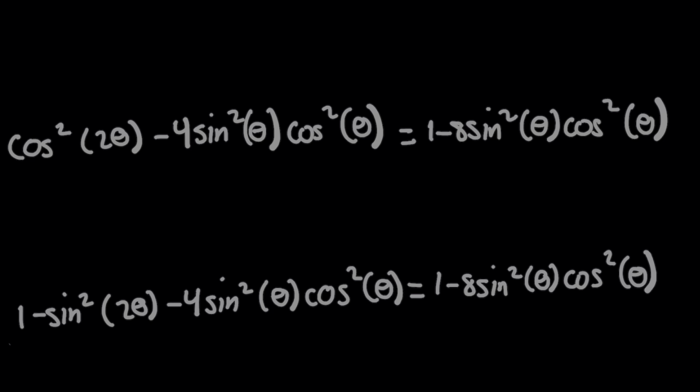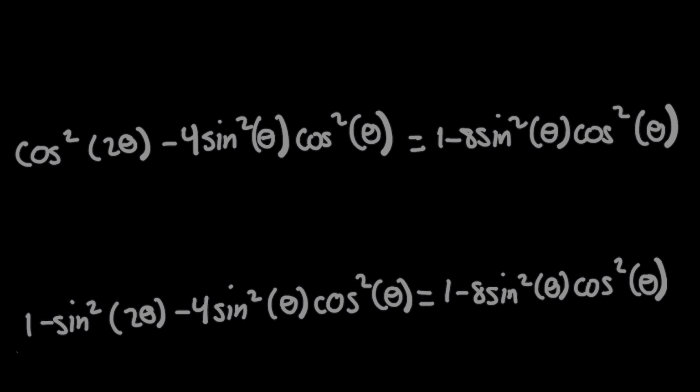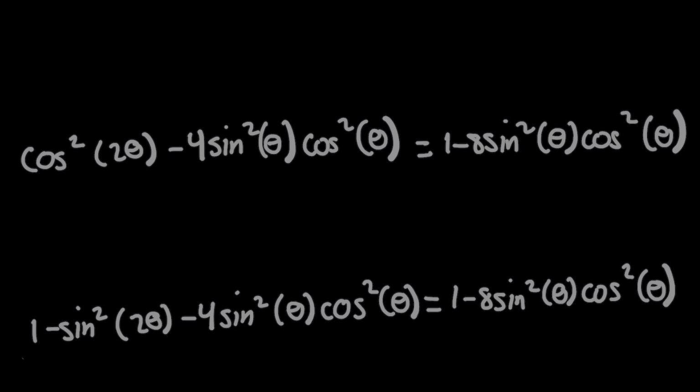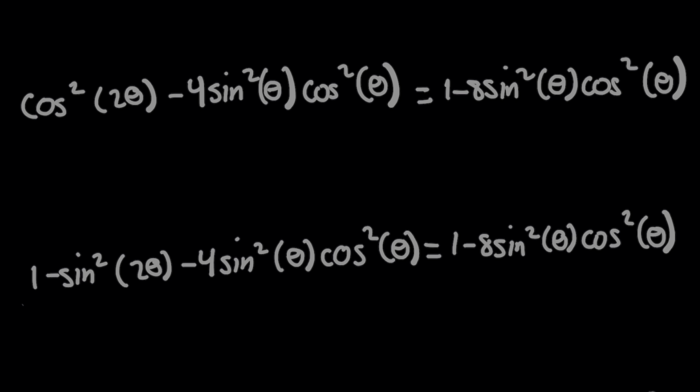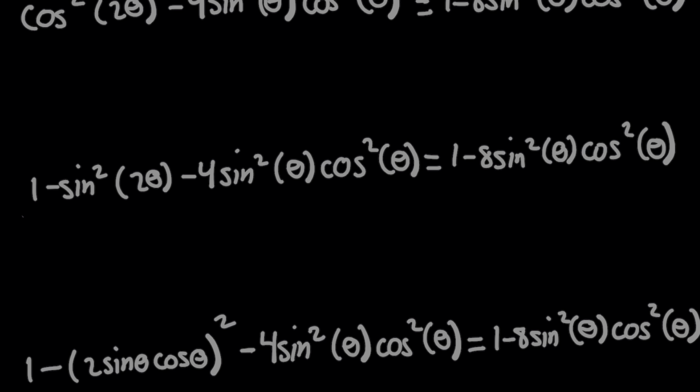If you were to subtract one of those trig functions on either side of the equation, you could manipulate that as 1 minus something, right? So on the left-hand side here, with this cosine squared of 2 theta, if I want to rewrite it in terms of something that is 1 minus another trig function, remember for cosine squared of 2 theta, we can prove that out as 1 minus sine squared of 2 theta. And now you have the rest of the expression here.